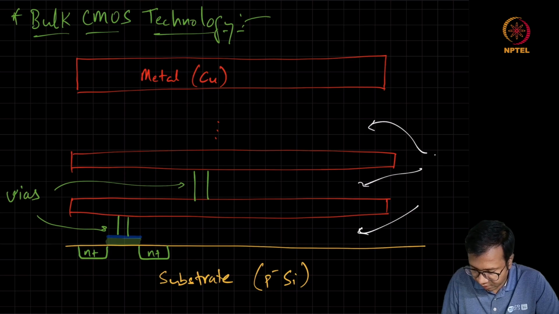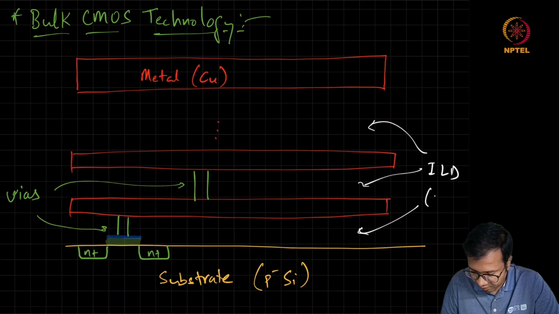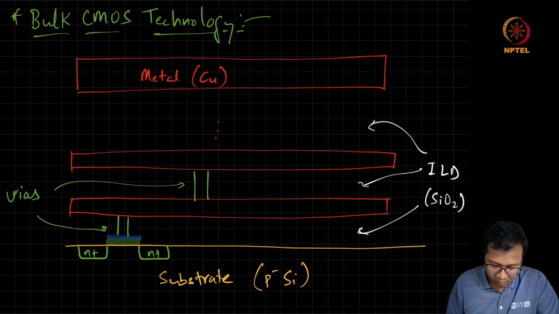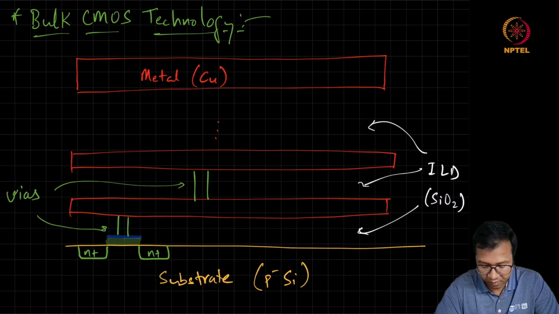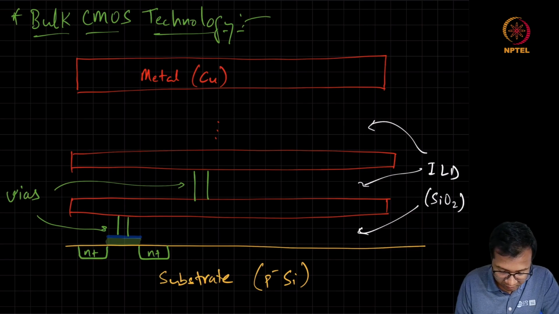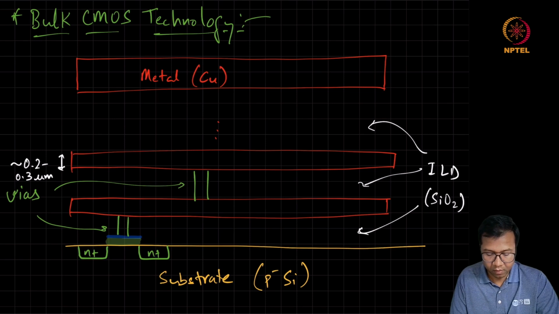It is also called the interlayer dielectric, and this is formed using silicon dioxide. If you look at this cross section, you'll see that starting from the substrate, we are going up to the metal layers. The metal thickness will be of the order of a micron. These lower metals will be maybe some 0.2 to 0.3 micron.